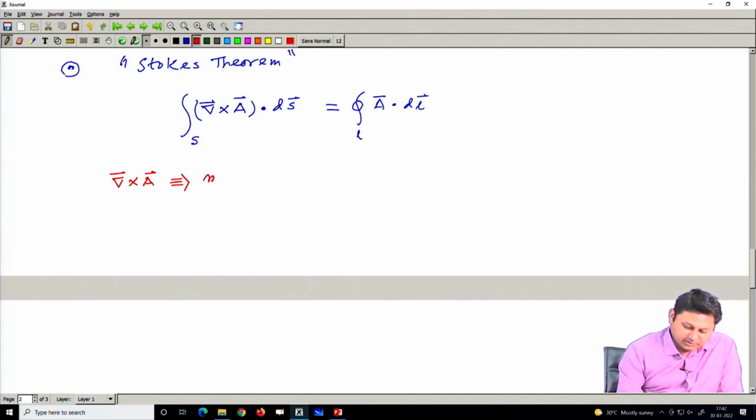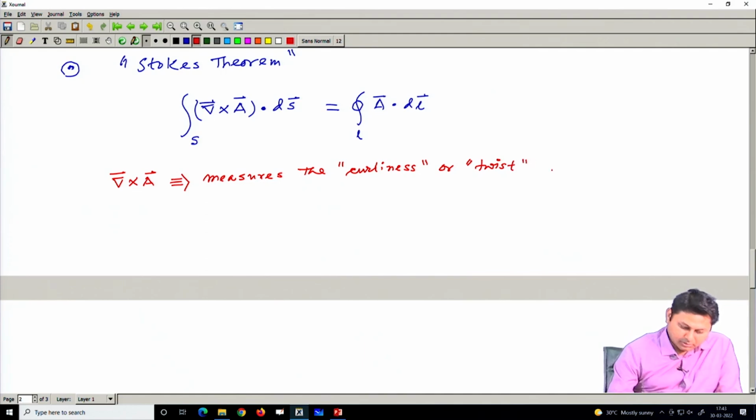It basically measures the curliness or twist of the vector field A at some given point.